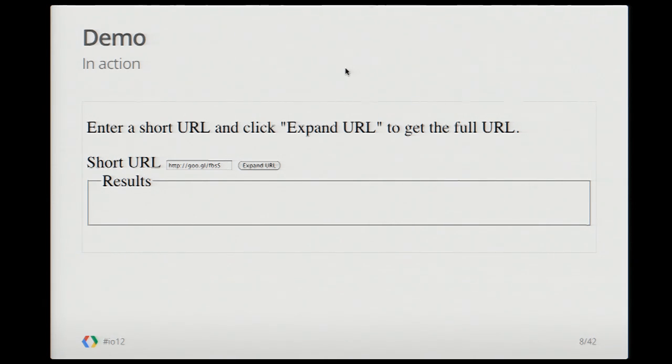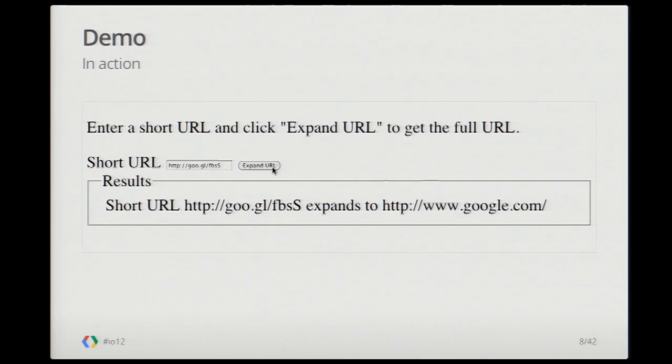Again, I'm going to use the URL shortener API as an example, and I'm going to take a short URL and expand it out into a long URL. You'll see that I pre-populated this field with the same short URL that we had before, so if we expand it, as we expect, we see that this short URL expands to www.google.com. And like I said, the code you saw on the previous page is all the code that's running on this page besides HTML markup and the little things to make it slightly pretty.